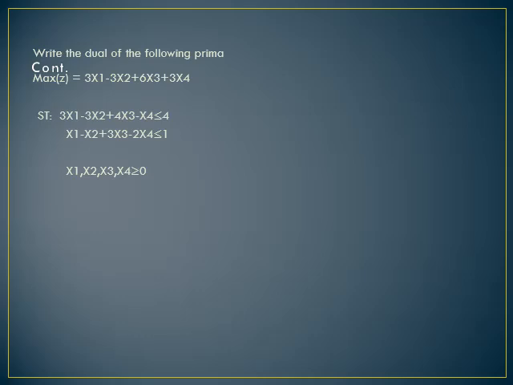We got 3 constraints because the primal has 3 variables. The non-negativity constraints contain x1, x2, x3, x4, obviously more or equal 0.